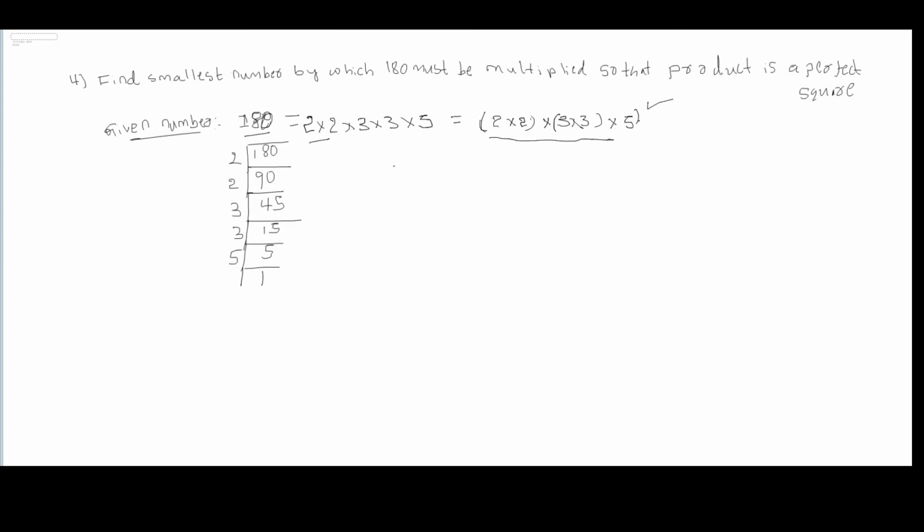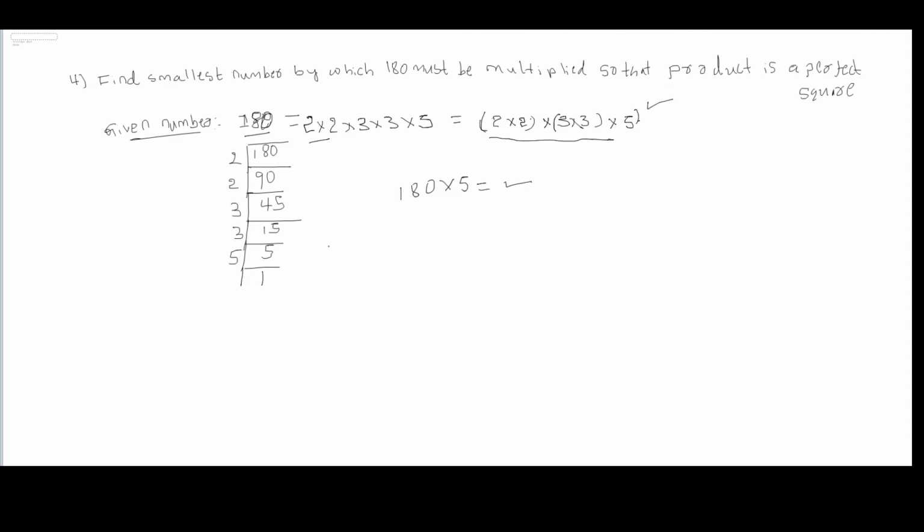Therefore I can say, 180 multiplied by 5 gives a product which is a perfect square. Therefore we must multiply the number by 5.